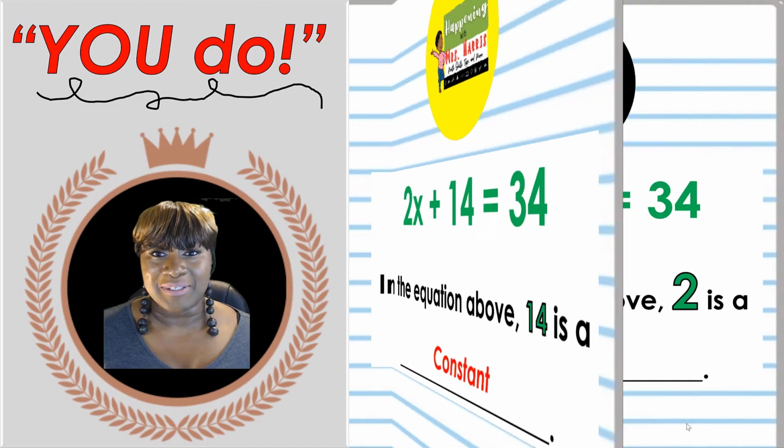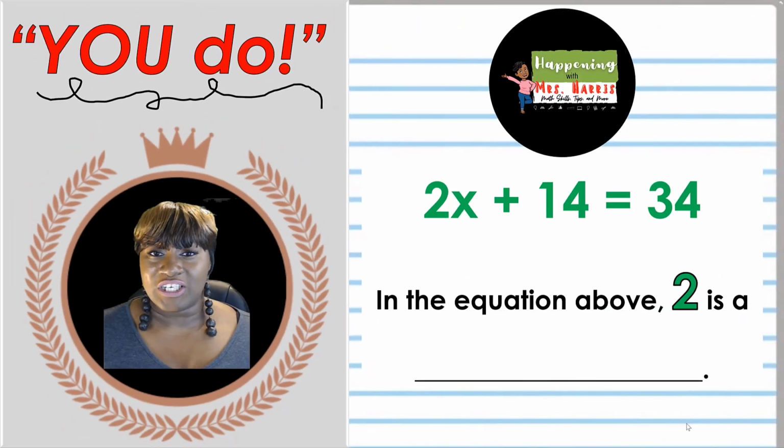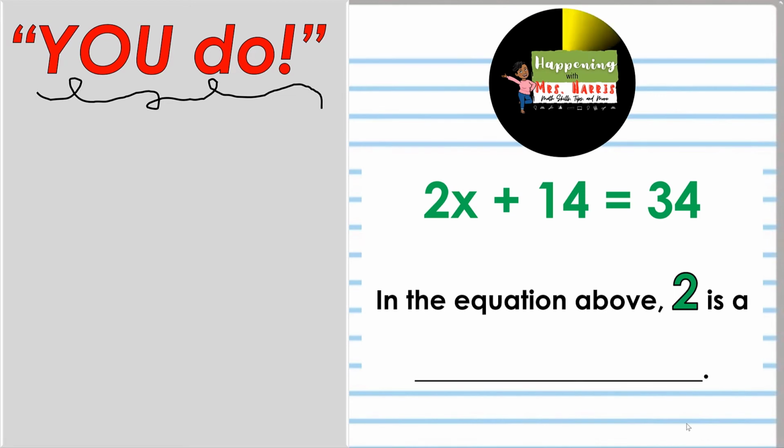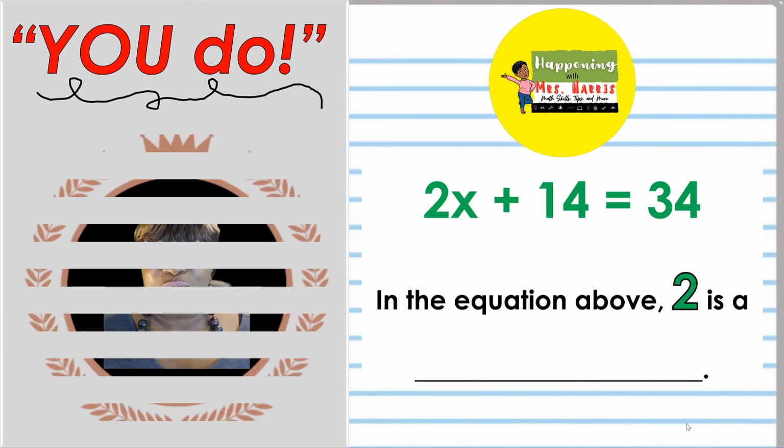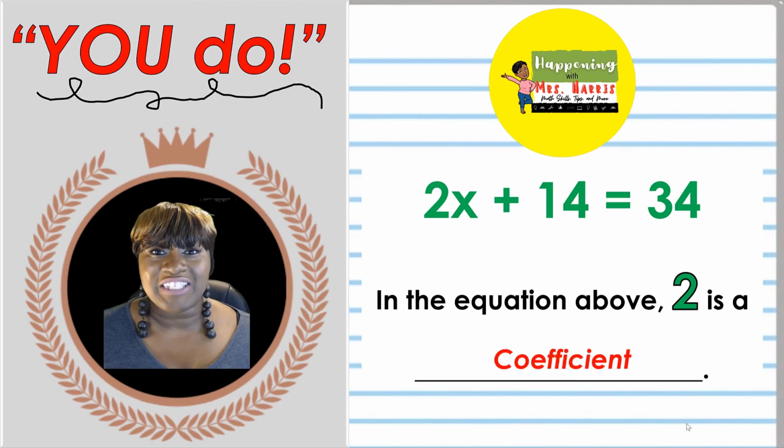Great job. Next question. 2x plus 14 equals 34. In the equation above, 2 is a... Two is a coefficient.